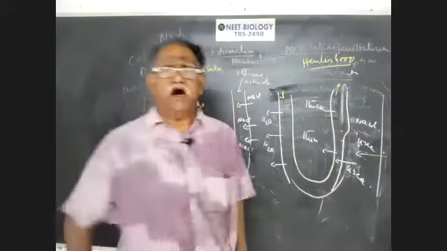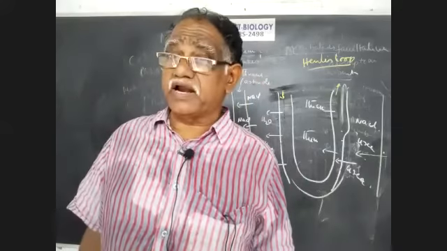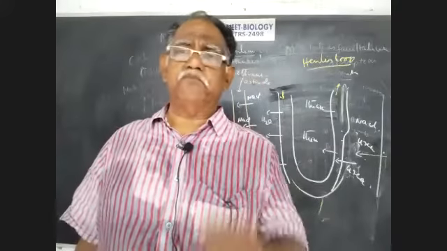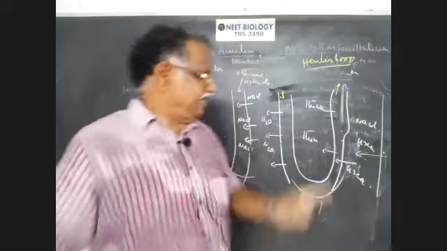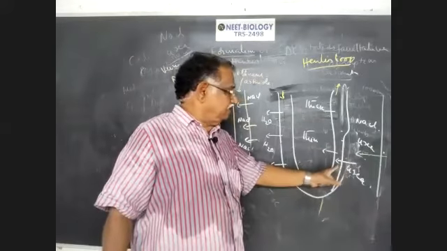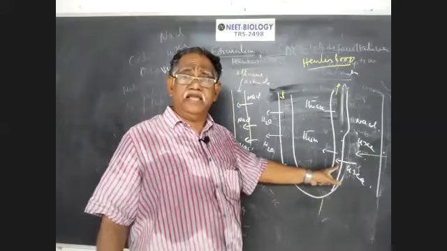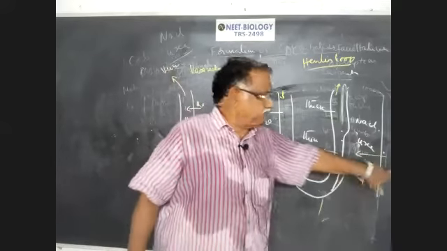I told you that the osmotic gradient is mainly maintained because of two substances, sodium chloride and urea. Urea also plays an important role in maintaining a constant osmotic gradient by its secretion and reabsorption. The urea is secreted into the thin limb of the ascending limb. Again, it re-enters the interstitium from the collecting tubule.